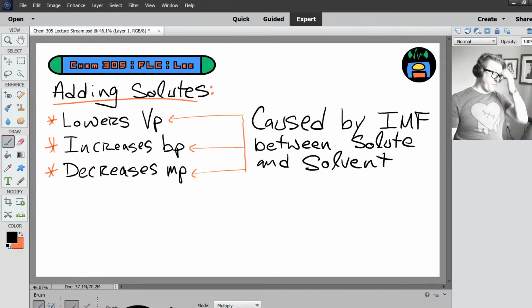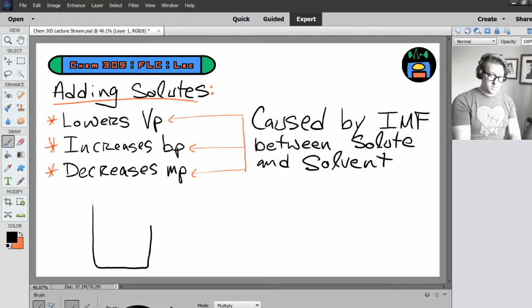All right. So, for example, if you take boiling point, if you have a pure solvent, so we'll say just water, the only attraction in pure H2O is the attraction between water molecules, right?